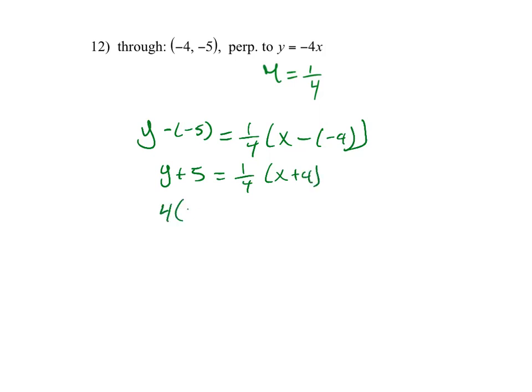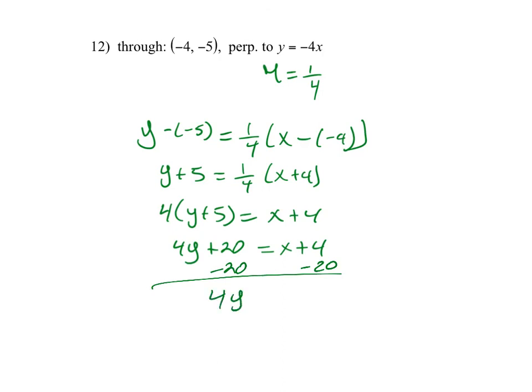So 4 times y plus 5 equals x plus 4. 4y plus 20 equals x plus 4, minus 20. 4y equals x minus 16, and then I'm just dividing by 4. So y equals 1/4 x minus 4.